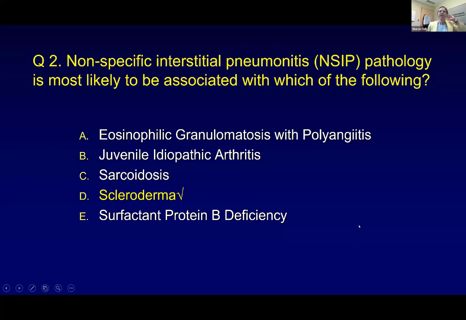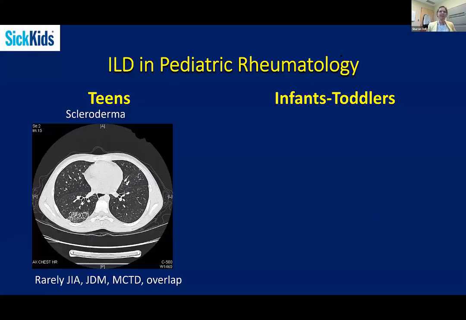We'll talk a little bit about JIA, but certainly NSIP is the most common pathology you will see in interstitial lung disease associated with any of the connective tissue diseases, including mixed connective tissue disease and dermatomyositis. So certainly if you see NSIP in a patient, it should make you do a workup for connective tissue disease.